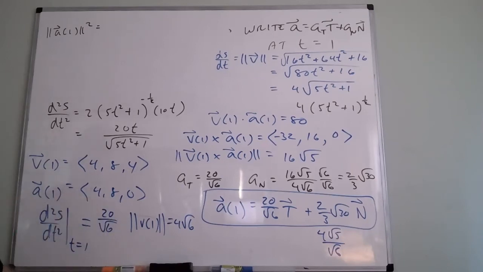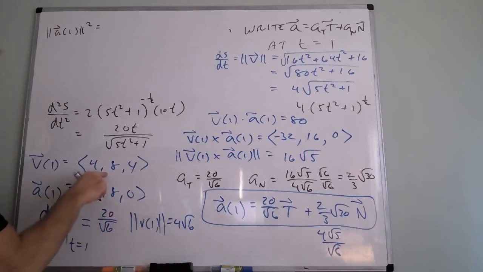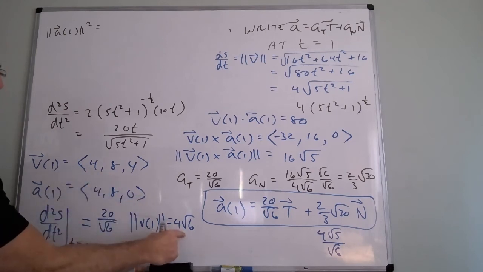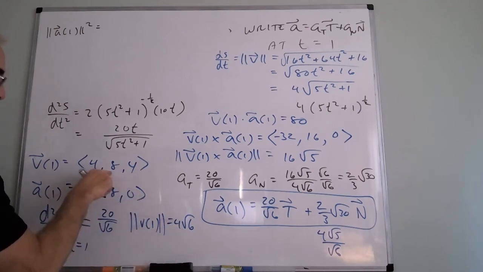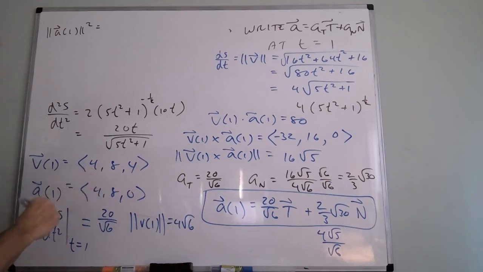Have we found that already? Something's not right here. I just realized something. I think we made a boo-boo. I think we did that one, didn't we? Anybody catch that? That 4 root 6? Which one did we do?